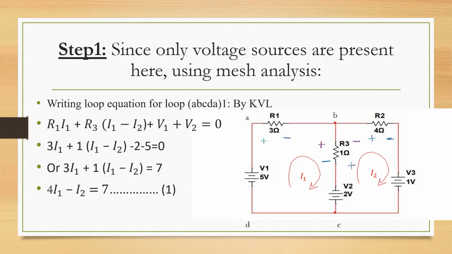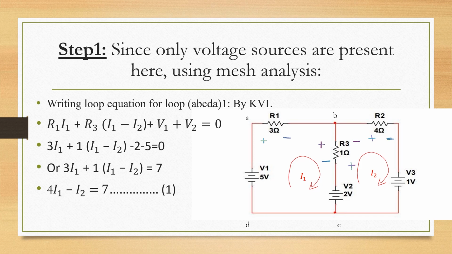That's why I1 minus I2, plus for the first loop the two voltage sources present, V2 and V1, is equal to 0. Now put the values for resistance and voltage. R1 is 3 ohm, R3 is 1 ohm. We don't know the values of I1 and I2. Then V1 is 5 volt and V2 is 2 volt.